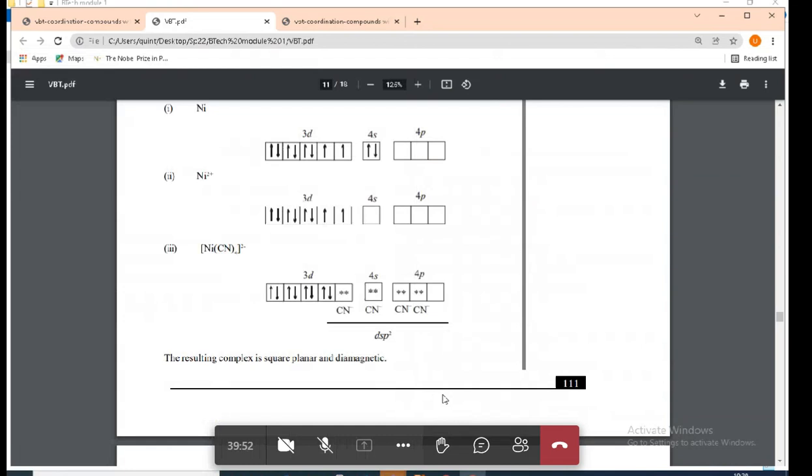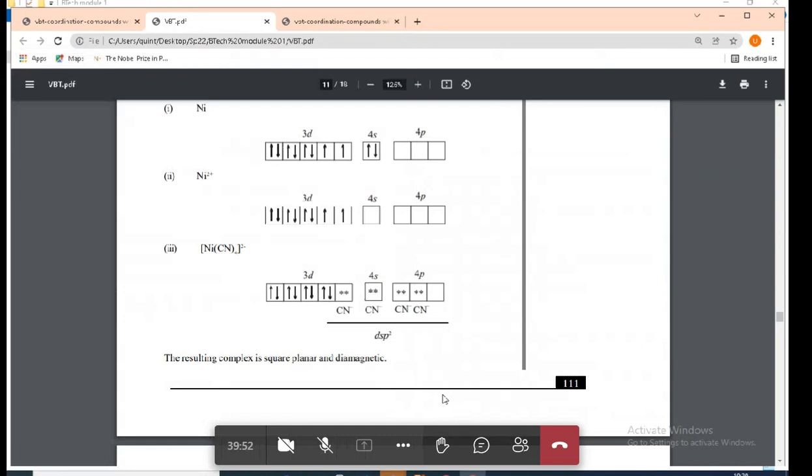That could be explained using this simple theory, and calculation of the magnetic behavior could be done using root over n into n plus 2. So depending upon how many unpaired electrons are there, you can find the magnetic property, that is, the magnetic moment in terms of Bohr magneton.